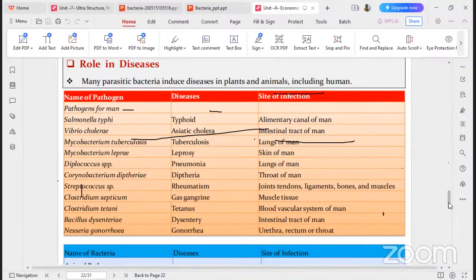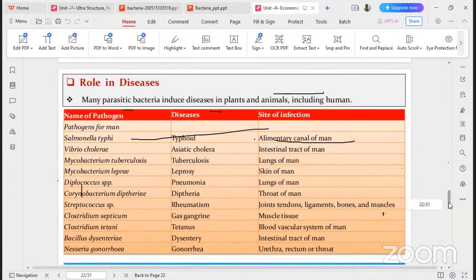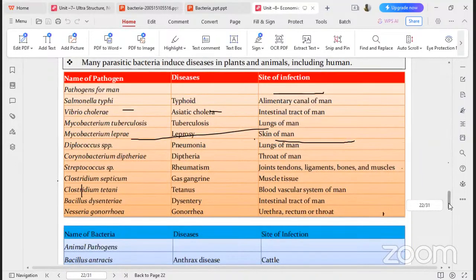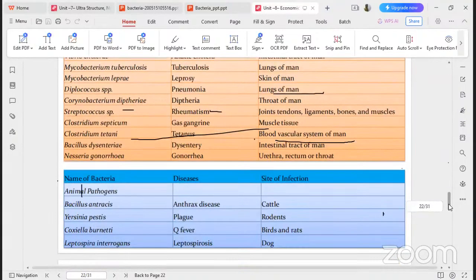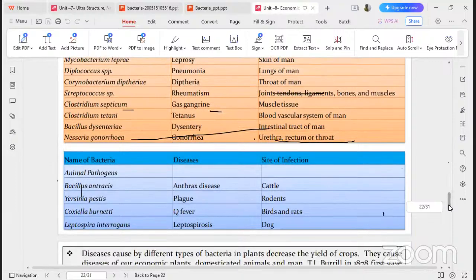Tetanus, diphtheria: especially at injury time, if you do not take antibiotics, that means a TT or penicillin injection, it can cause tetanus. Dysentery means loose motions. Gonorrhea and syphilis are sexually transmitted diseases.